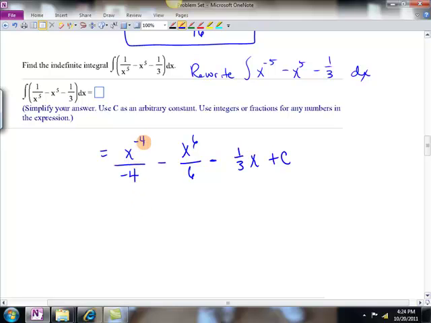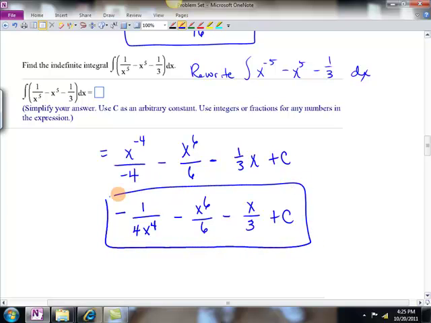Since this x is negative, it doesn't say we have to get rid of the negative exponents, but here's the thing. When you're given a problem with fractions like this, we rewrote it to start the problem. Let's put it back in fractions. So we would have negative 1 over 4x to the 4th, because that came to the bottom, minus x to the 6th over 6 minus x over 3 plus c. I think that will get you when you do the answer for that one.